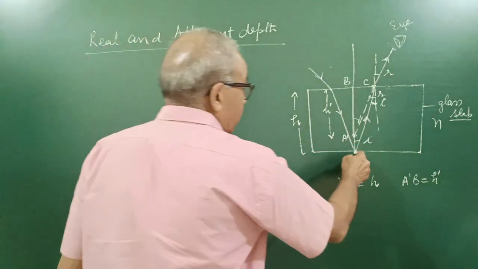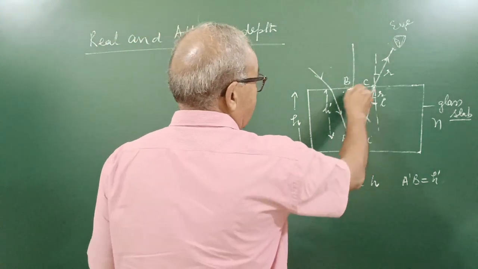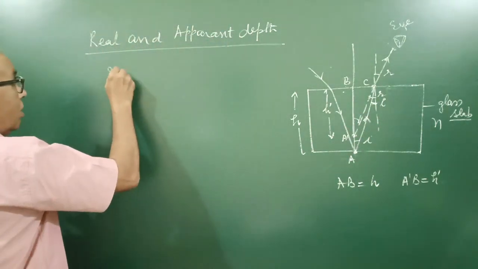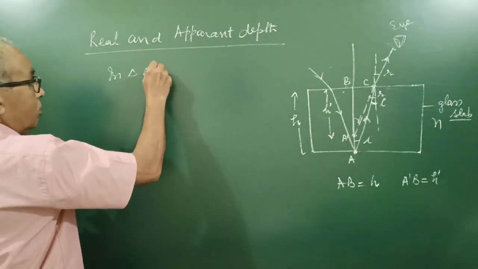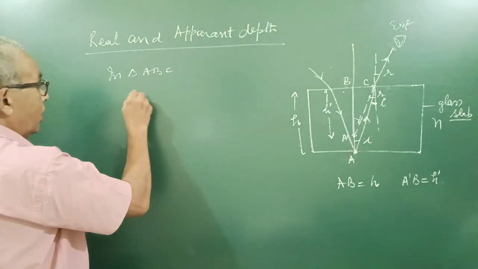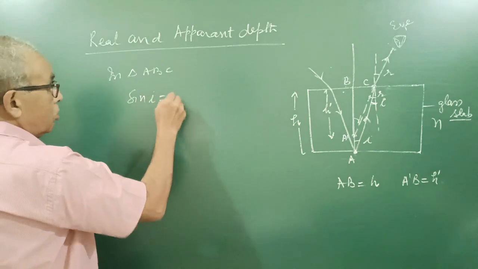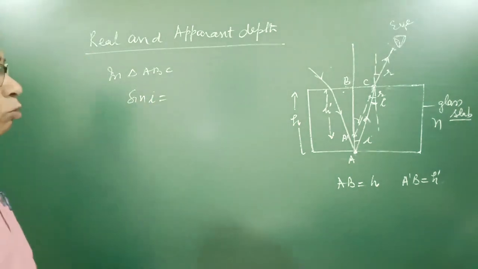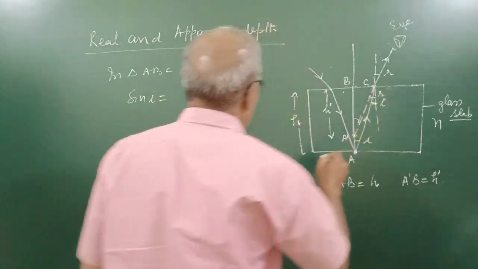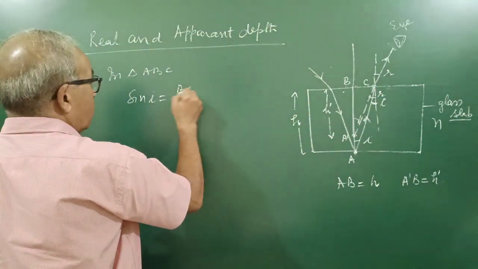Here in triangle ABC, sin I is equal to perpendicular upon hypotenuse. Perpendicular is BC, hypotenuse AC, so BC upon AC.